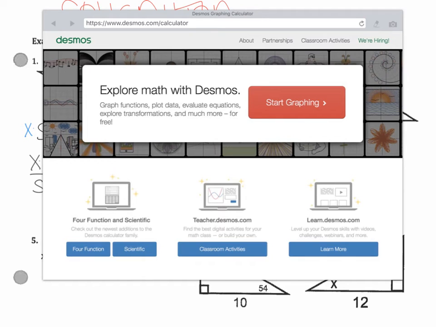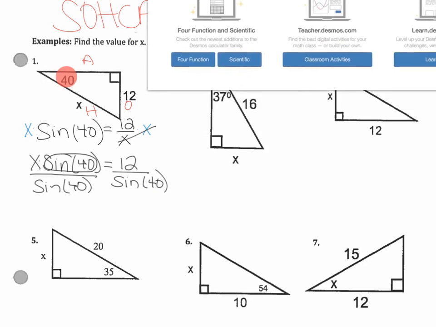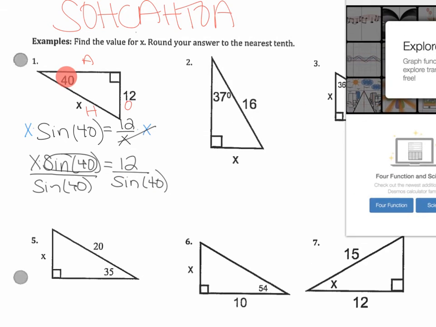And notice my answer, which is right here, 18.666. Let me see if I can figure out how to move this. Alright, I'm just moving it to the side over here. So x equals 18.67.